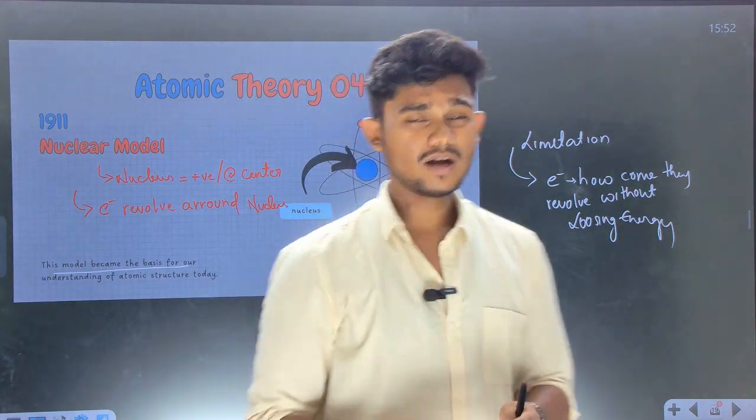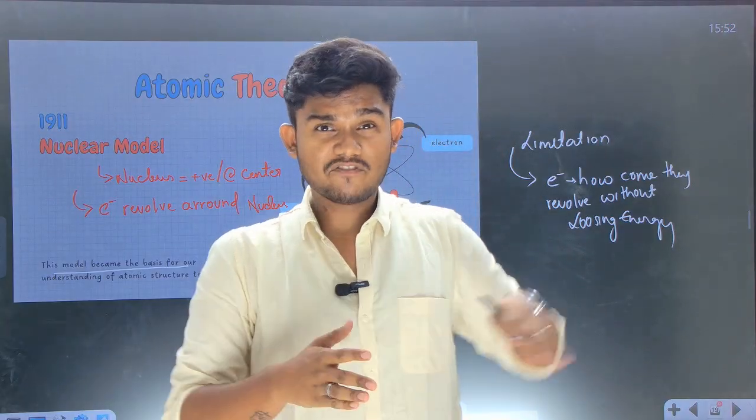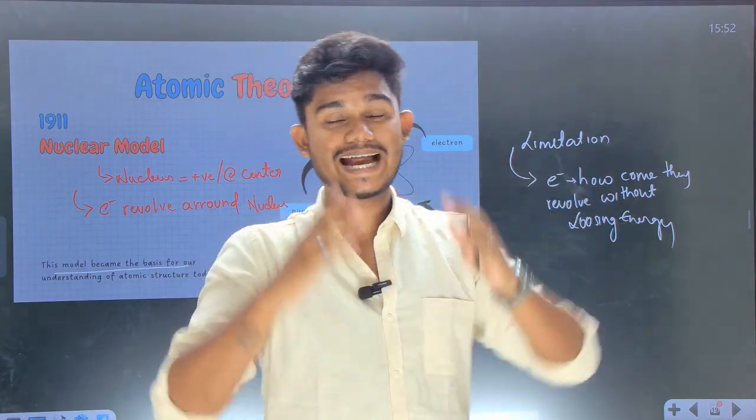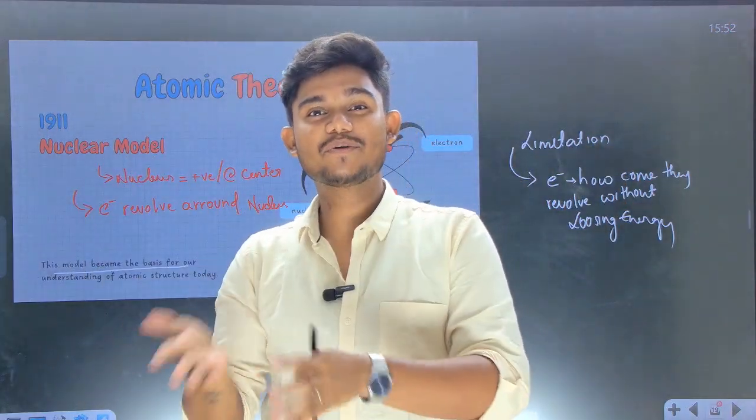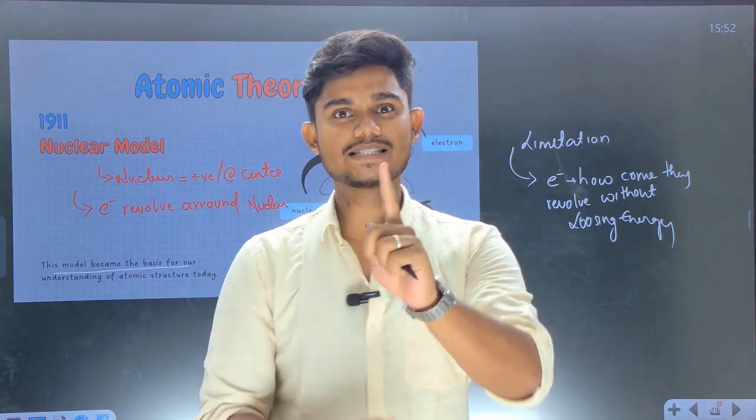Maxwell is the one who pointed out Rutherford's limitation, and it was like boom, all this work and Rutherford's experiment was pulled down by one single theory.